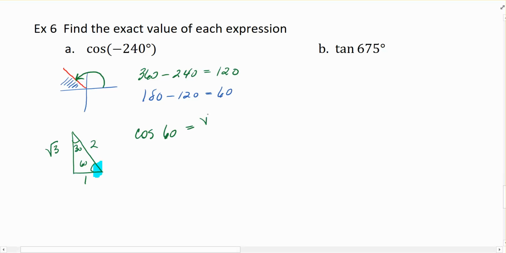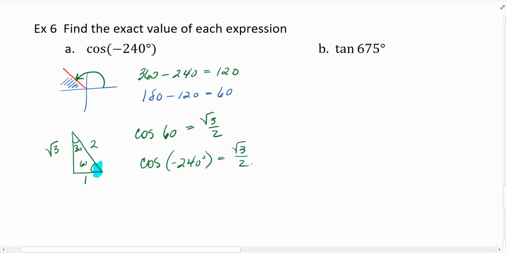What we're finding by using reference angles is that the cosine of 60 degrees is exactly the same thing as the cosine of negative 240, because I'm in the exact same location. So therefore, the cosine of negative 240 degrees has to also be the square root of 3 over 2.